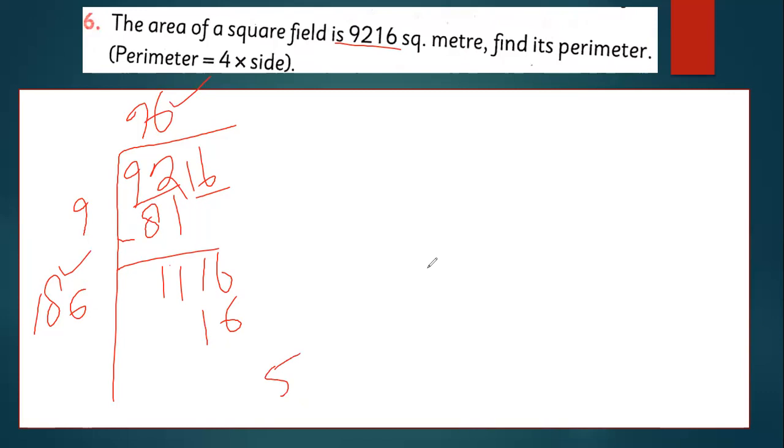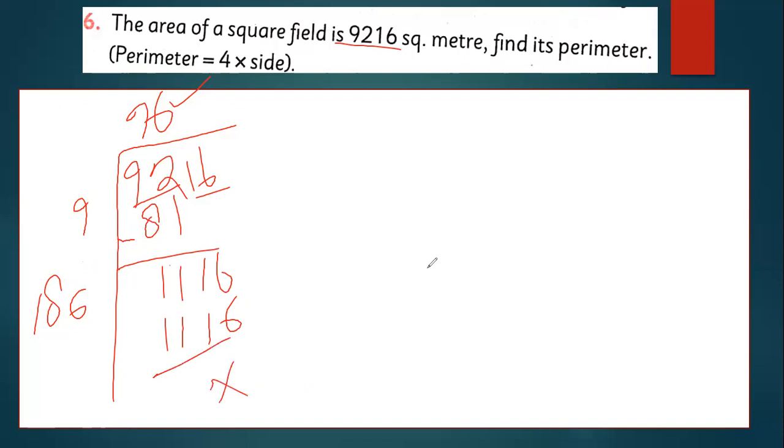I have done it. 6 6s are 36. 36 is there, 3 is carried. Now 6 1s are 6, and 6 5s are 30, plus the 6 is 36. Hence 48. The answer comes 51. 5 is there. So 6 1s are 6 and then 5 with 6 makes 11.